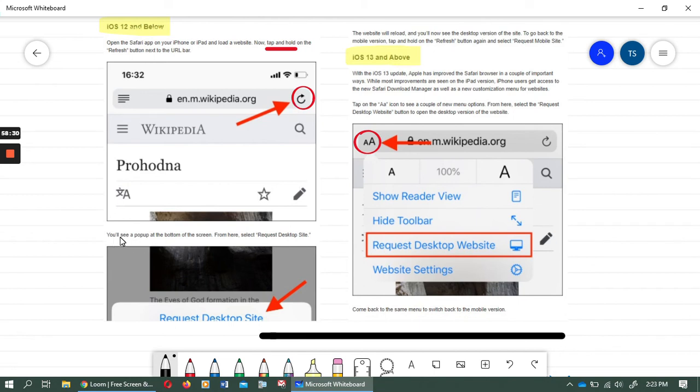When you do that, you'll have to click on the part that says request desktop site. And again, guys, it's going to be easier for you to do your click and drag on a cell phone if you change it to a desktop version.